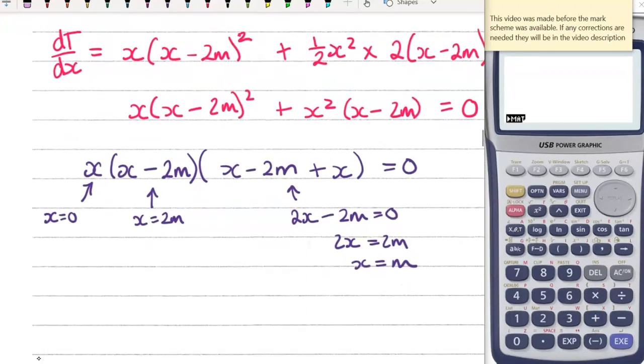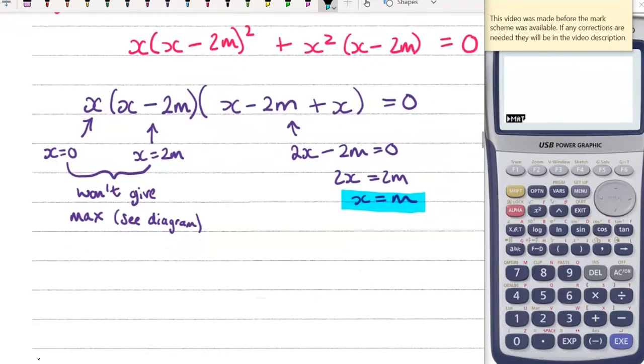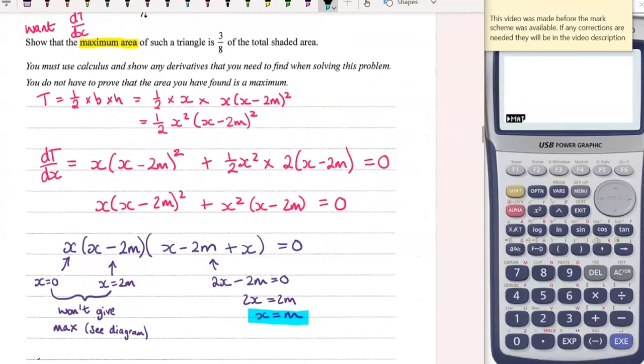So those first two won't give a maximum. So we carry on with this x equals m being our solution. So the maximum happens when x equals m.